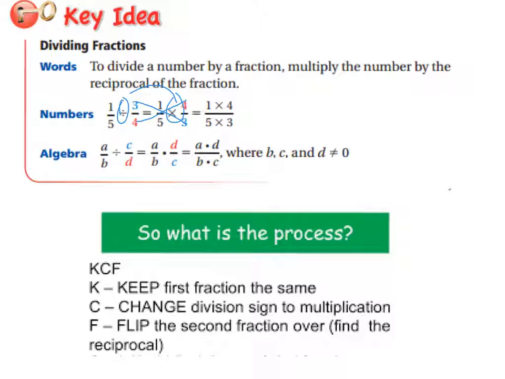That leaves us with 1/5 times 4/3. 1 times 4 is the numerator, 5 times 3 is the denominator, and then you could continue on from there.